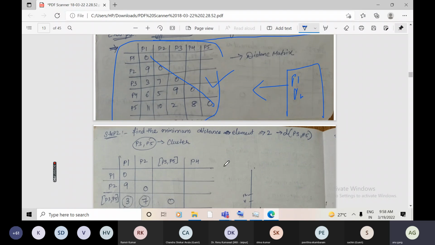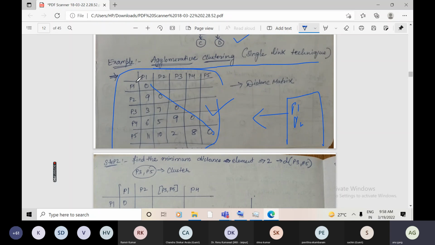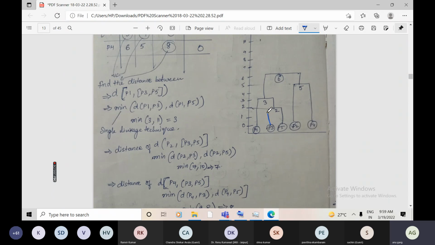Then we need to do the clustering. Now first see in this distance matrix which value is the lowest. The least value is 2, right? This is between P3 and P5. So you can cluster P3 and P5, and the distance is 2.